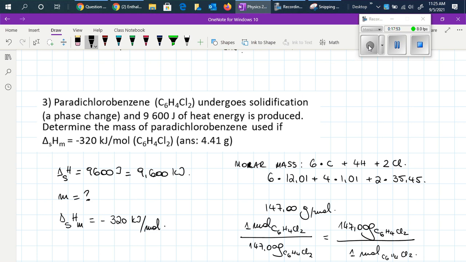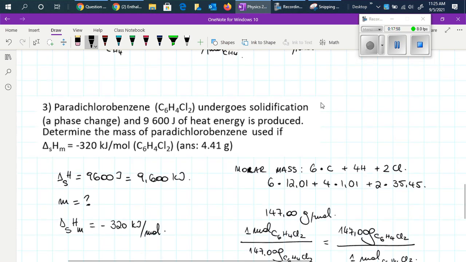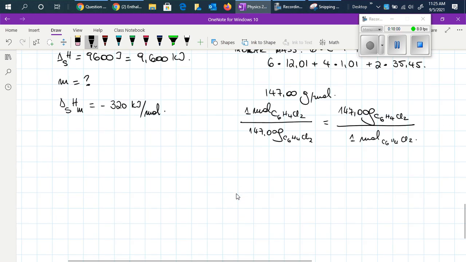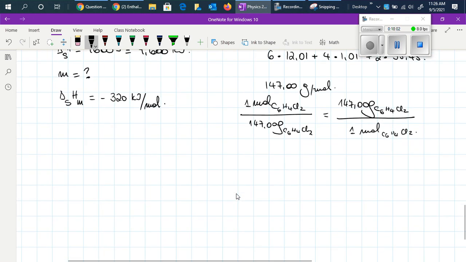Okay, so now, based on the formula, the heat of reaction, and it is solidification, will be the number of moles times the molar heat of solidification.